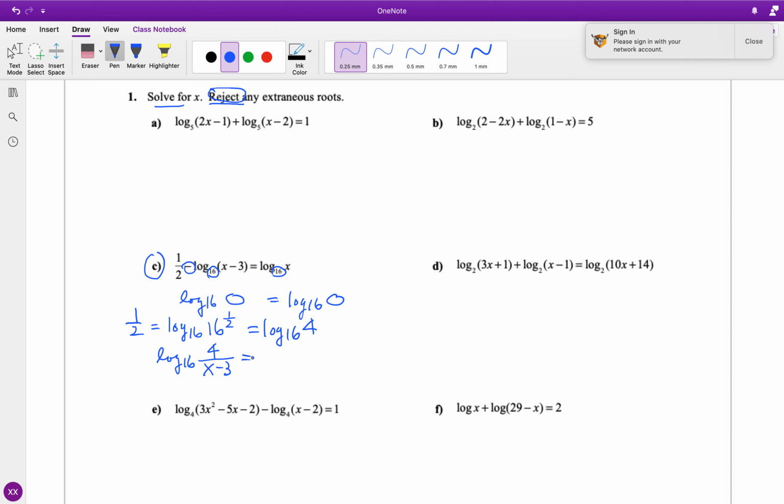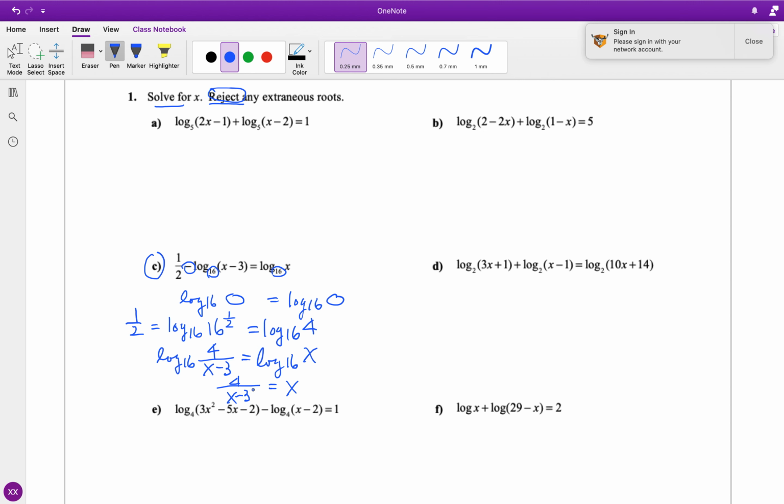And then over here, that is log base 16 of x. All right, so now I've got this equation, and this looks like a rational equation, but it turns out to be a quadratic equation, right? So in this case, 4 over x minus 3 equals x.